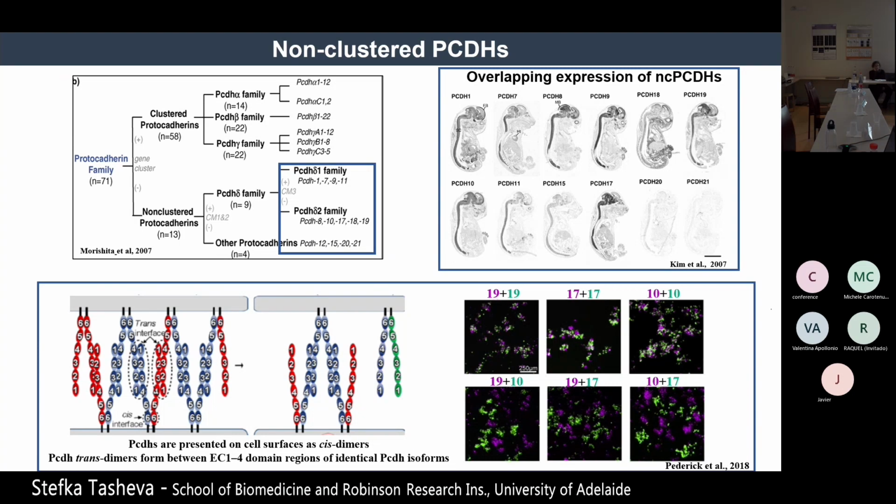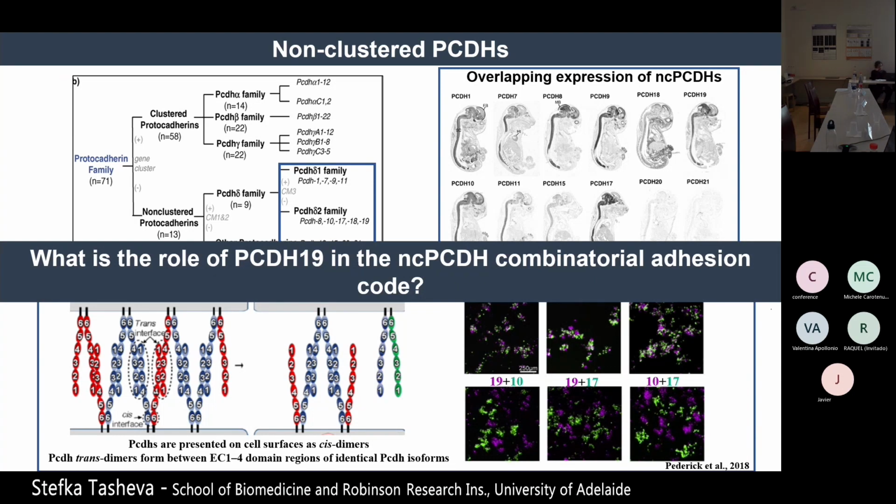But that's actually just in a single cell and as a single molecule. In our laboratory, we are currently more interested in understanding what the role of PCDH19 is in the non-clustered protocadherin combinatorial adhesion code.